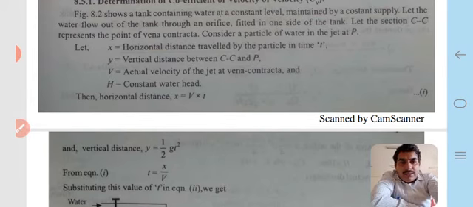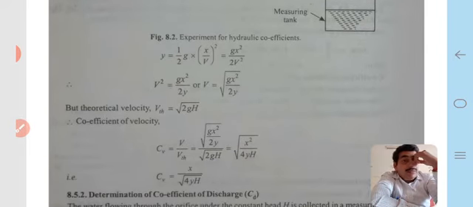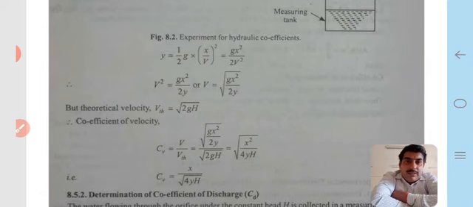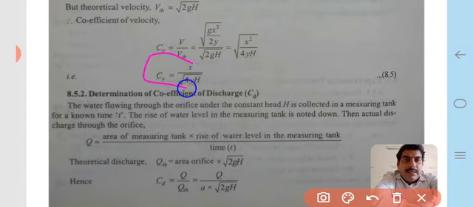Putting this value in the expression, v square is equal to g x square upon 2y, and therefore v is equal to under root g x square upon 2y, but theoretical velocity is equal to under root 2gh. The coefficient of velocity Cv is equal to v upon v theoretical, therefore putting the values, the coefficient of velocity is equal to x upon under root 4yh, which is calculated.